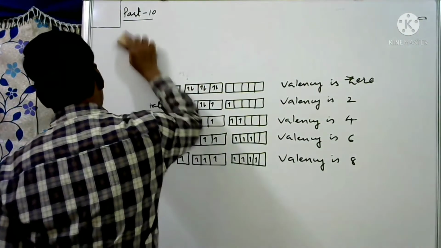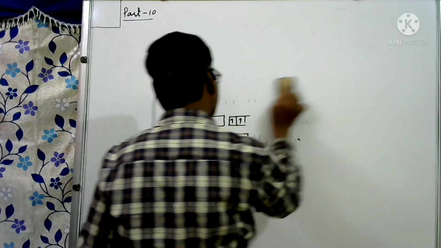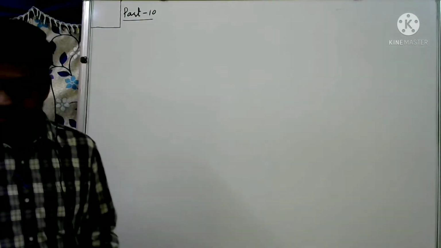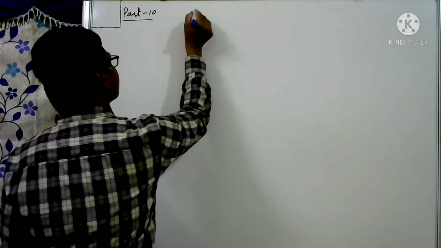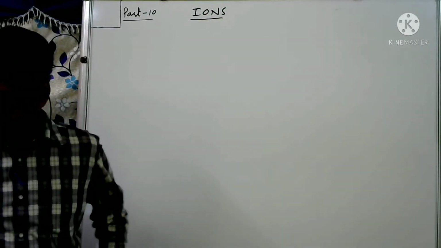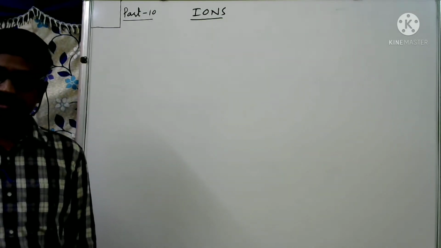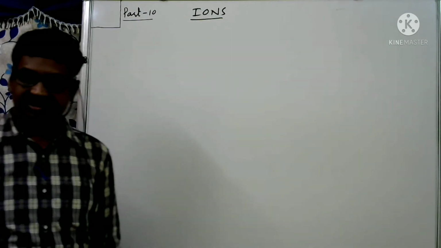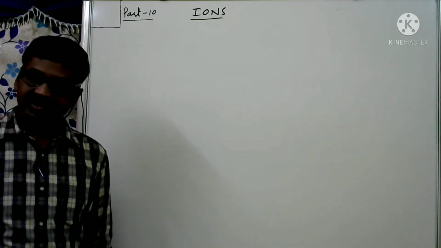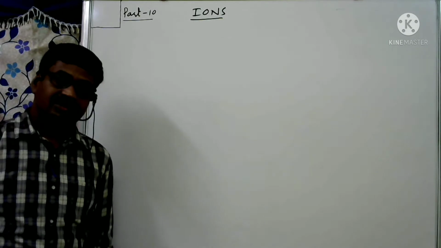Charged species are formed by losing or gaining electrons. Ions may contain positive charge or negative charge, and they may be single atoms or groups of atoms.